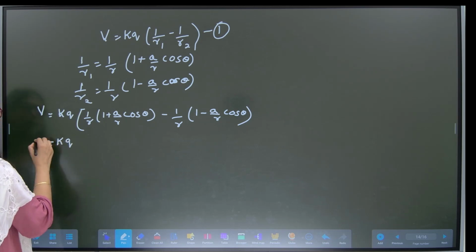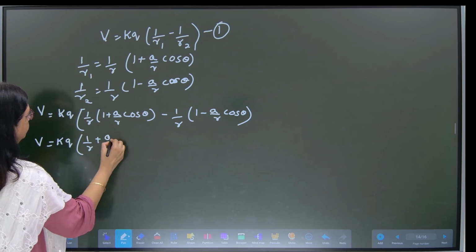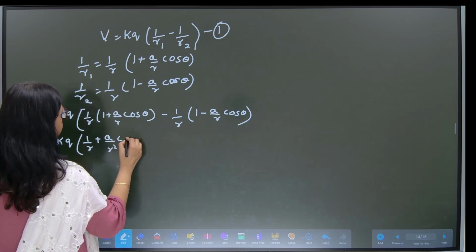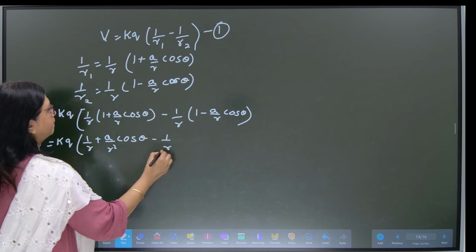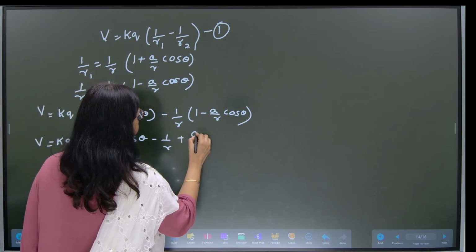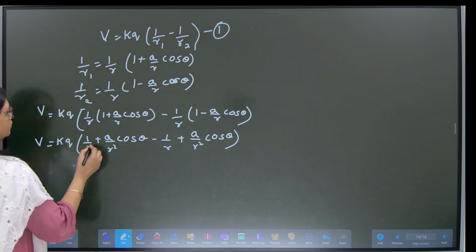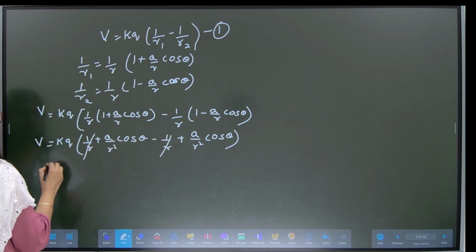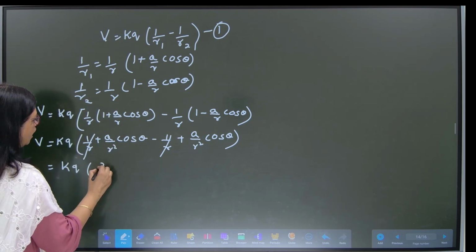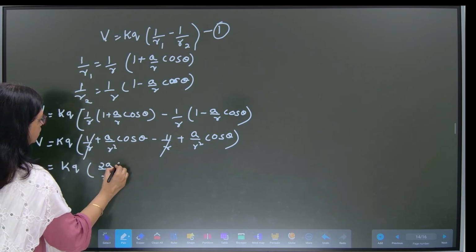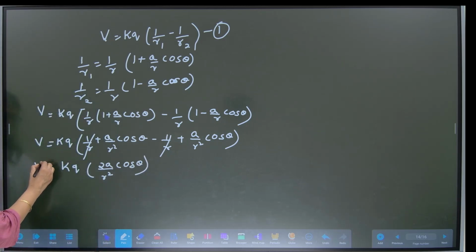Just doing normal maths, opening the brackets. As can be seen, I am left with 2a upon R square cos theta in the bracket, and take Q outside.